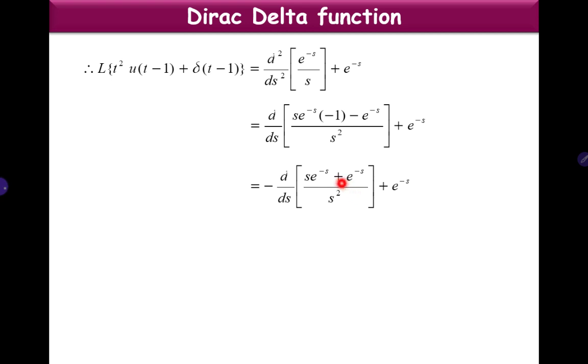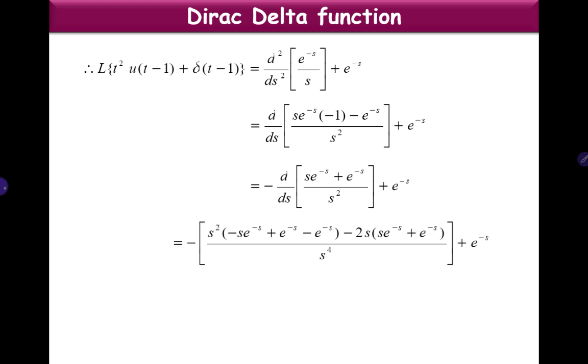Again let us apply the derivative of u by v formula, which is v into derivative of u minus u into derivative of v by v square. So we get minus v, that is s square, into derivative of u, that is derivative of this term, s into derivative of e power minus s, which is e power minus s into minus 1, plus derivative of s, which is 1, into e power minus s.